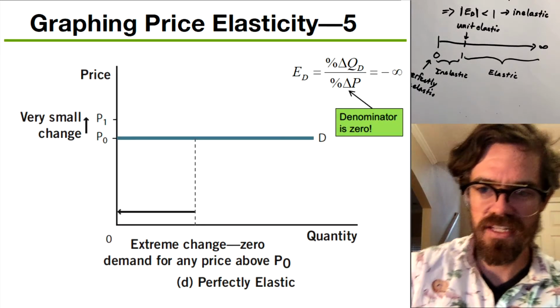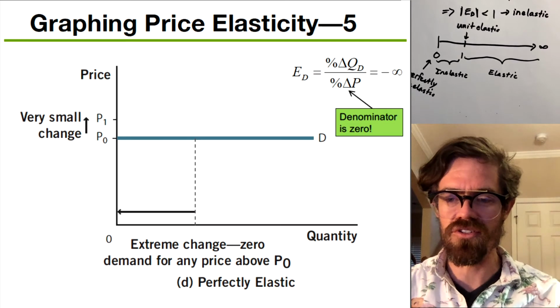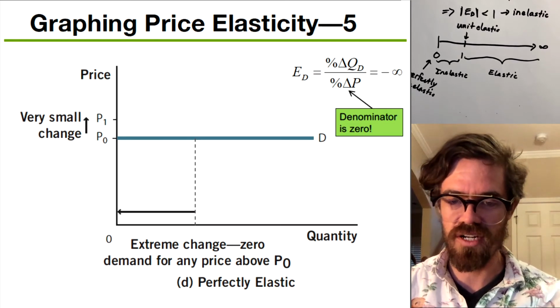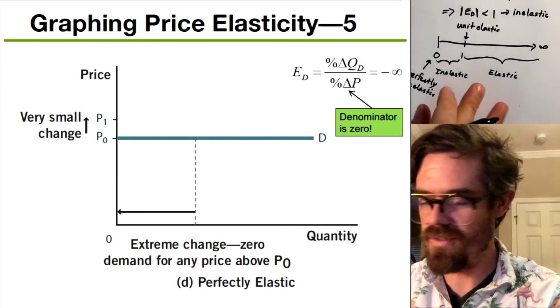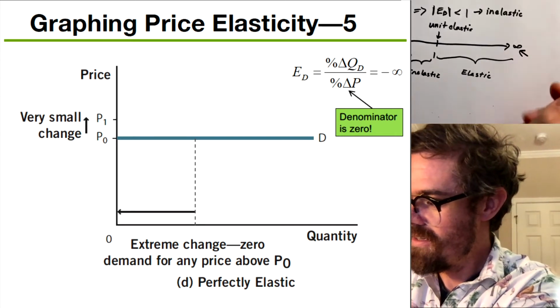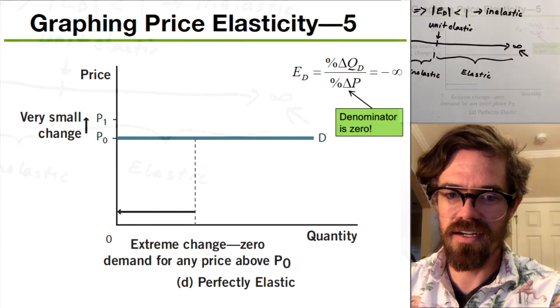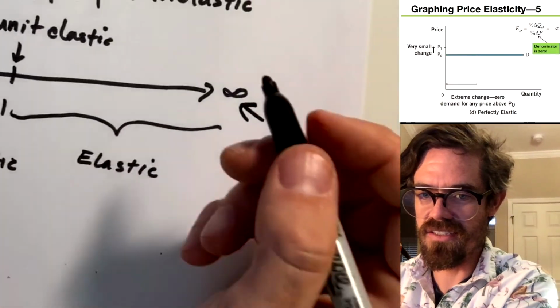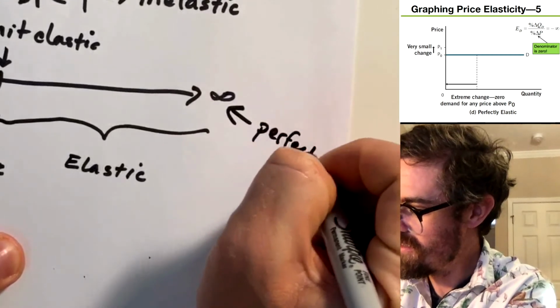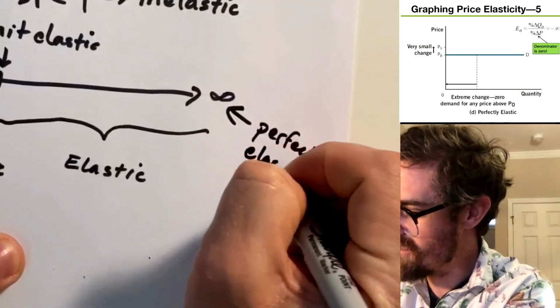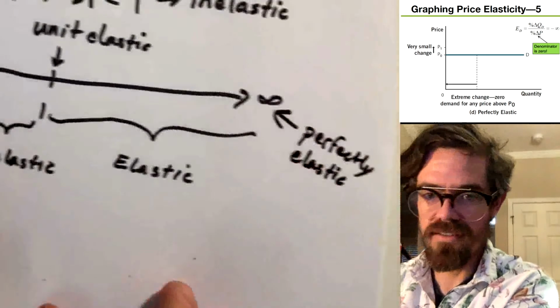Unfortunately, I don't have a dollar bill on me, but I usually use a dollar bill in class to illustrate something that's perfectly elastic. I will mention that this is the other end of the spectrum, right? When the elasticity is negative infinity, this is called perfectly elastic.